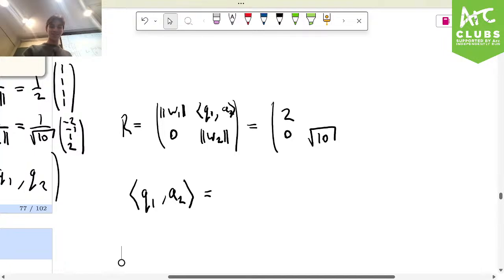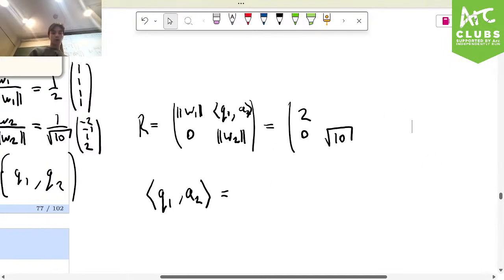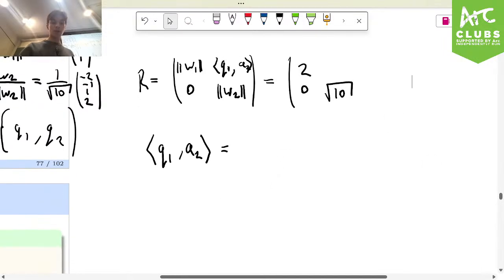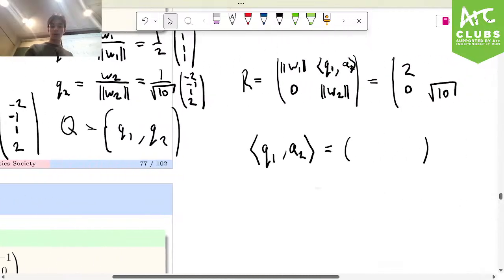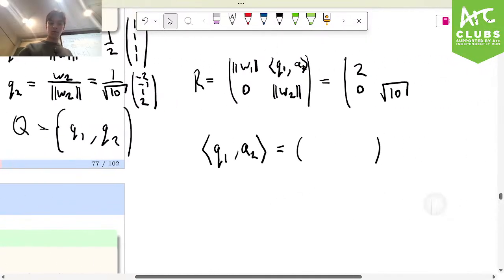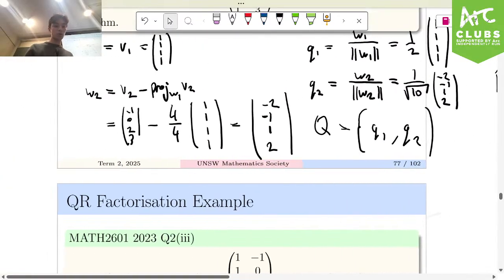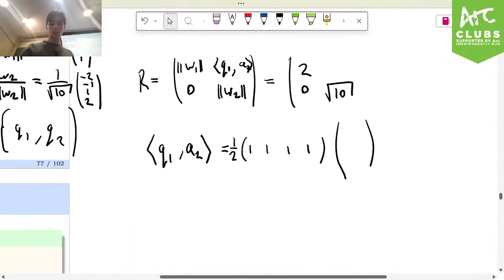Yeah, that's all good. So the inner product of Q1 and A2, we're going to write it in the matrix form again. What's Q1 here? 1 half times 1 1 1 1, multiplied with A2, which is minus 2 minus 1 1 2.